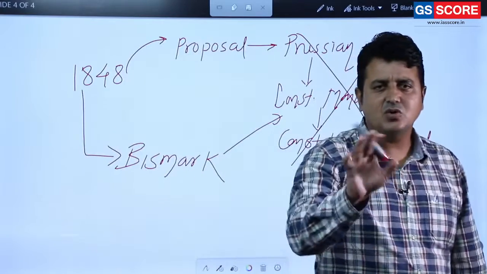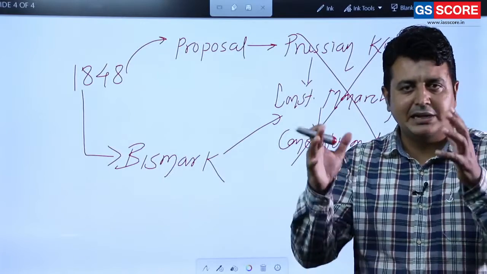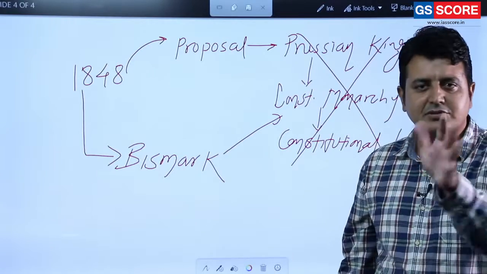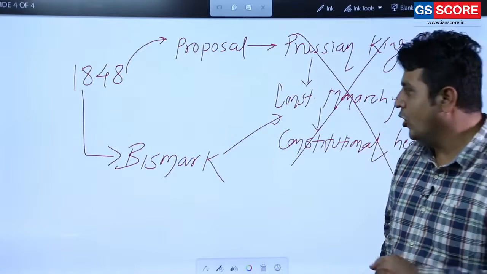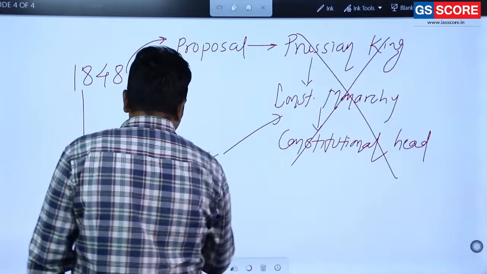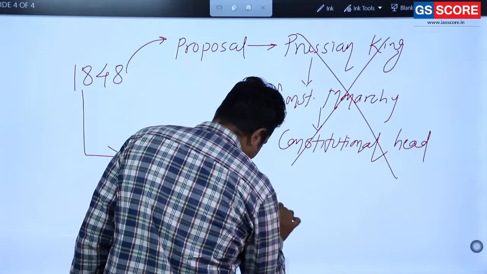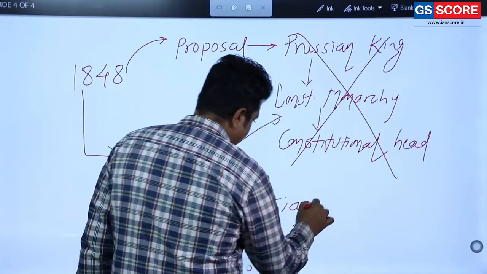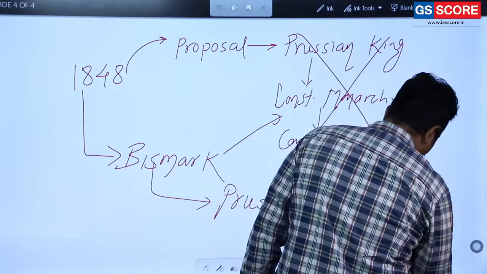He said that it is not going to work, because if you really want to defeat a mighty power like Austria, this confederation is not going to work. That confederation should be strong, and he advocated the idea of Prussianization of Germany.